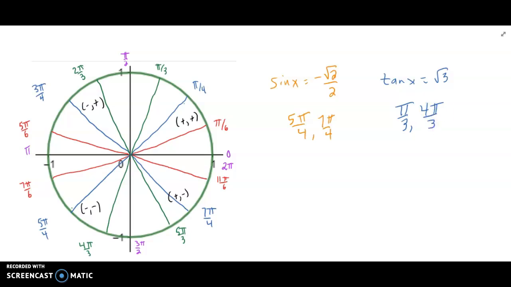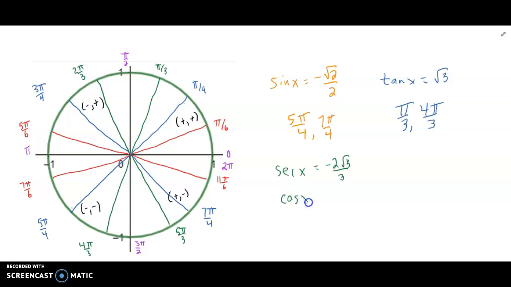What about one where we've got a secant? Let's do secant of x equals negative 2 root 3 over 3. My hope is that you've recognized that negative 2 root 3 over 3 is the reciprocal of negative root 3 over 2. If I take the reciprocal of secant, I get the cosine.